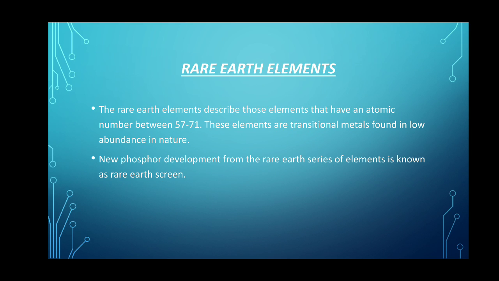Rare earth elements. The rare earth elements describe those elements that have an atomic number between 57 and 71. These elements are metals found in low abundance in nature. New phosphor developments from the rare earth series of elements are known as rare earth screens.